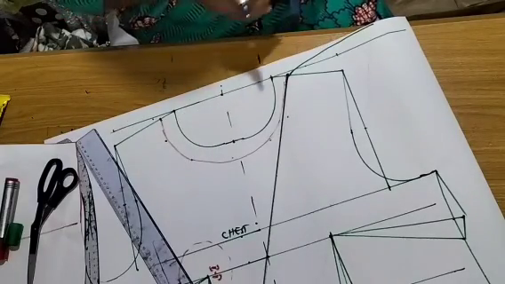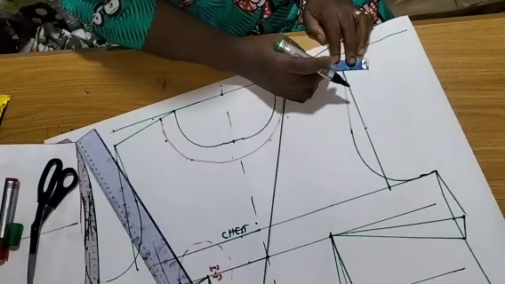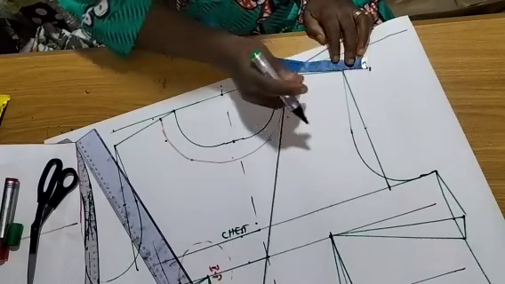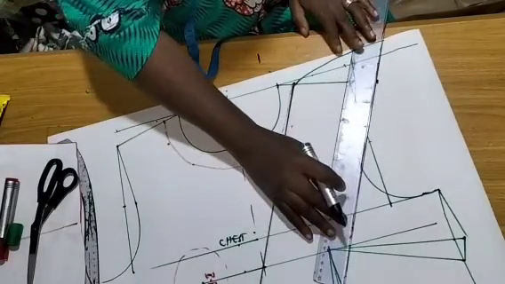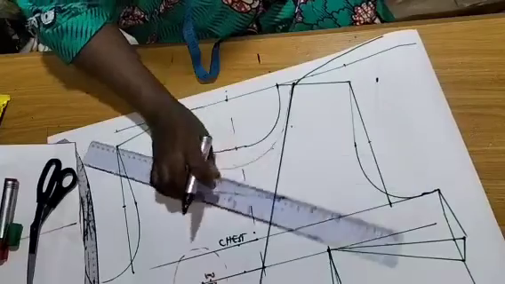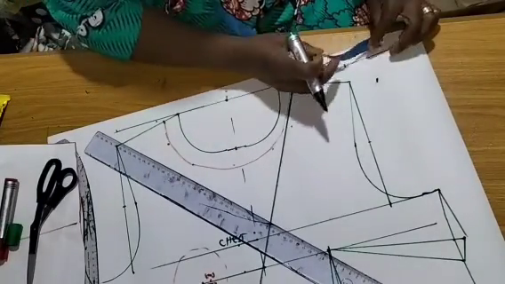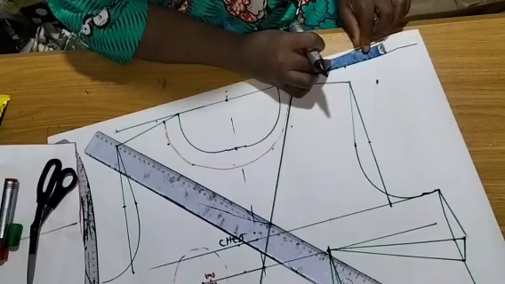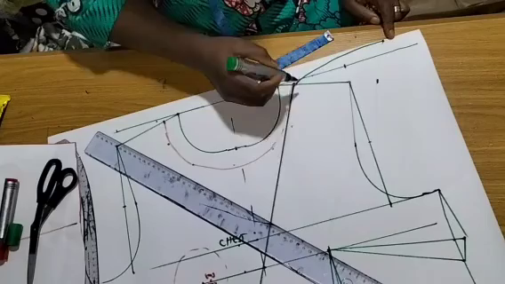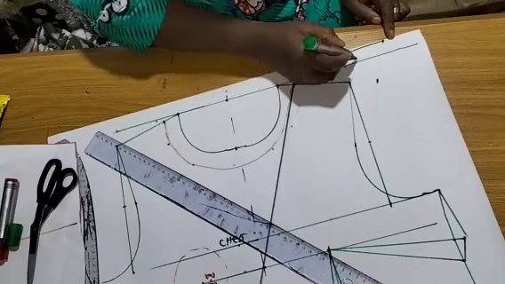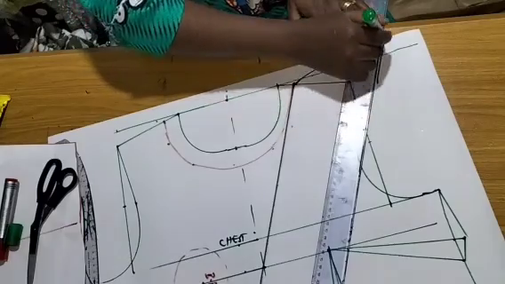From the tip of your shoulder, you can mark 1.5 and connect to what you have there. From my shoulder, I came out by 2.5 inches before I connected this line. So you can get your line from here by 2.5, then connect by the 1.5.